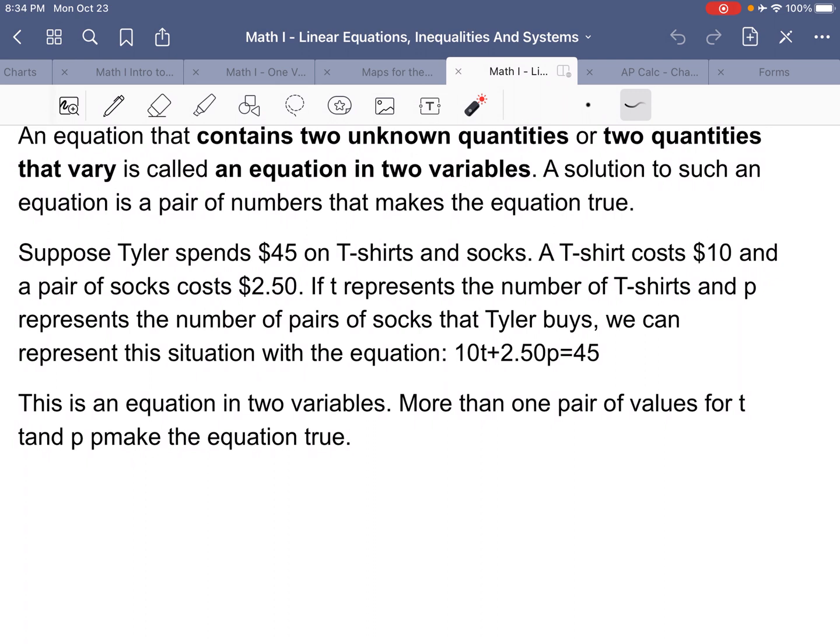And for t-shirts, we take 10 times T. So this is the cost of t-shirts. Well, if 10T is the cost of t-shirts, 2.50P is our cost of socks, because they cost $2.50 a pair, and P is the number of pairs of socks. And if I combine those two things together, cost of t-shirts plus cost of socks, that's equal to the total cost.